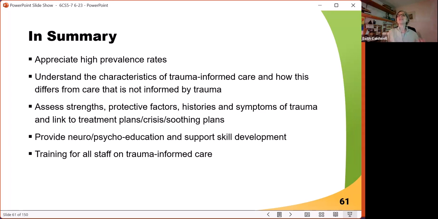We want to find the strengths and protective factors, and link them, which we'll cover in the fourth session, to crisis plans, soothing plans, and sensory pieces. And we really want to support skill development, neuropsychoeducation, and training for all staff on trauma-informed care.